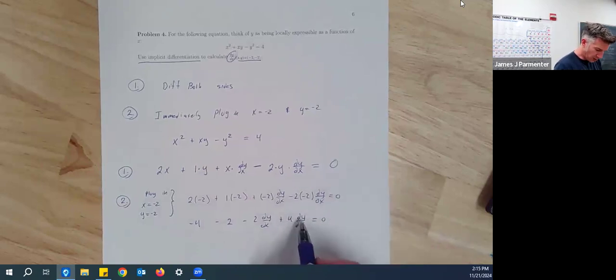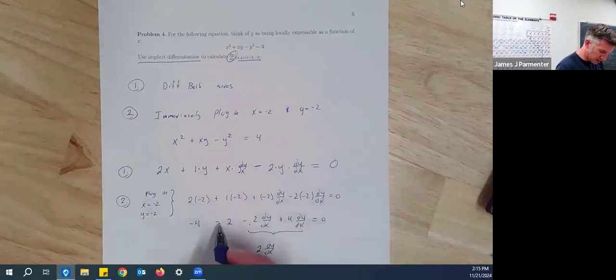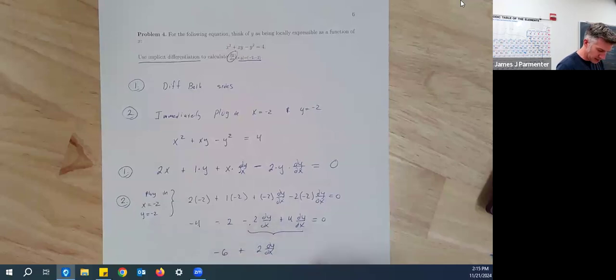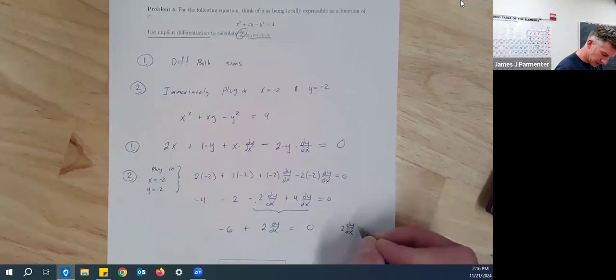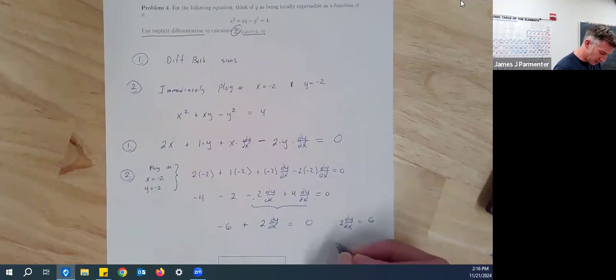And then we're going to combine our dy/dx's. I have a -2 dy/dx plus 4 dy/dx. That's going to be a positive 2 times dy/dx. And over here, -4 minus 2 is -6. So -6 plus 2 dy/dx still equals 0. We add 6 to both sides, so we get 2 dy/dx equal to 6. Finally, divide both sides by 2 to get dy/dx equal to 3.